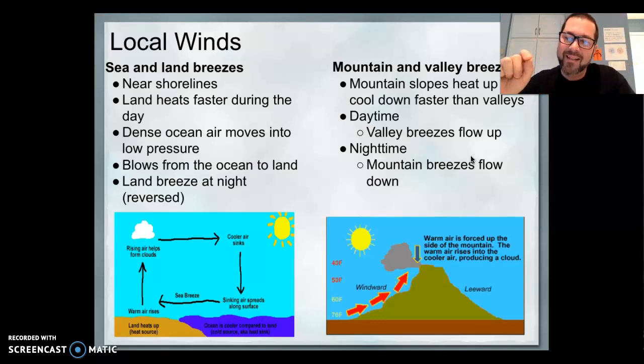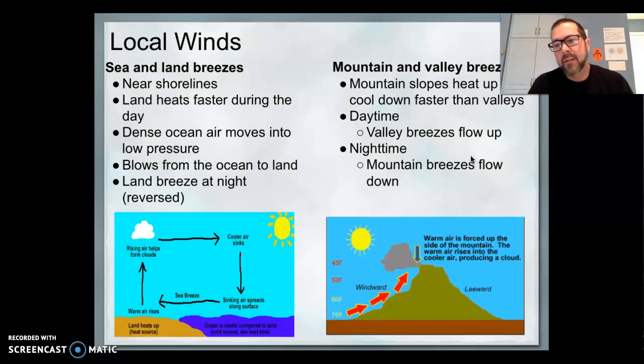That's because at night, this process reverses. You get the low pressure forming over the ocean, and you get the air moving from land towards the ocean at night. And that's what we call a land breeze. So you get sea breezes during the day, land breezes at night.